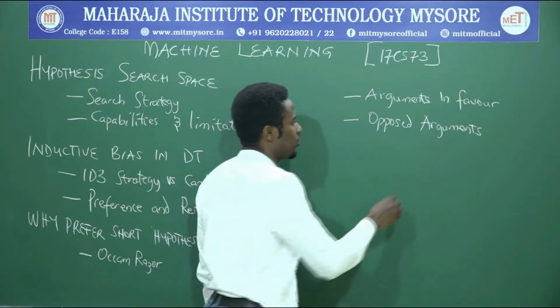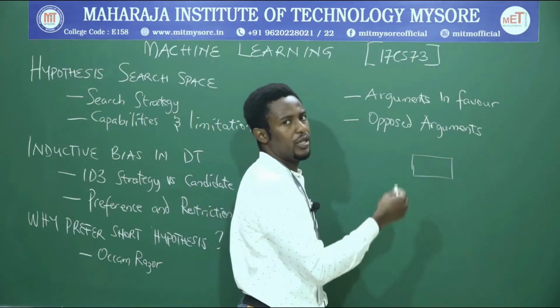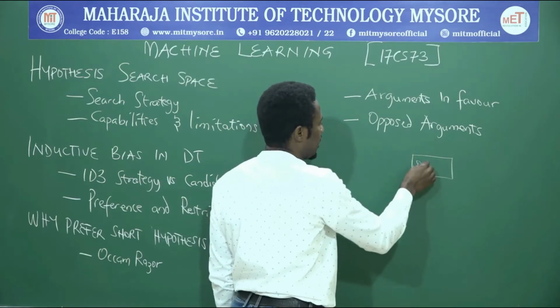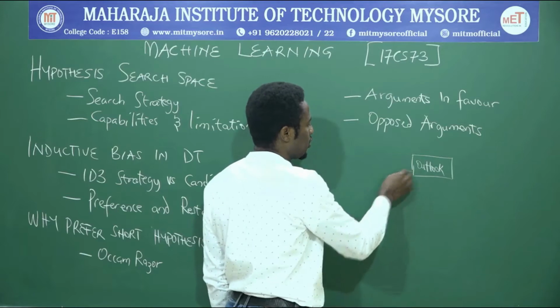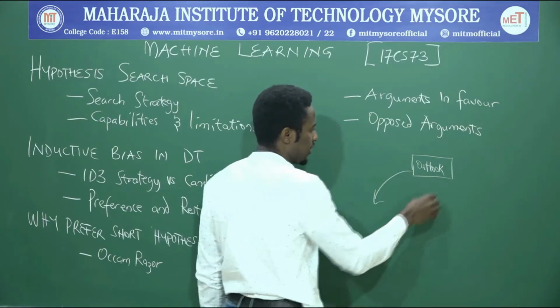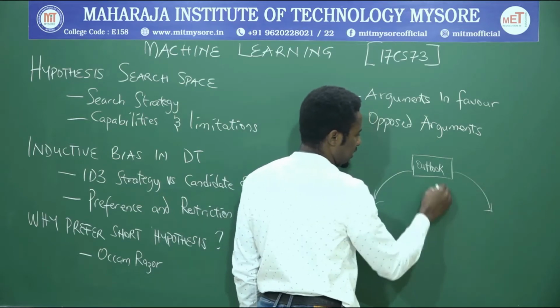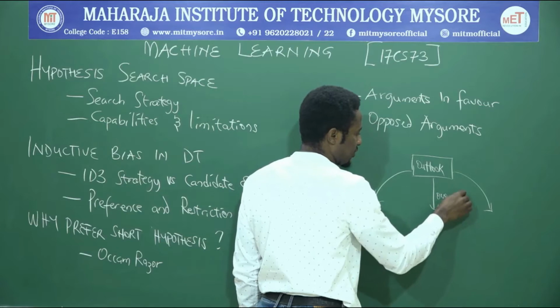When we saw something like this, you know definitely how we arrive at outlook being our root node. With that, we considered all the possible attributes. So we know that this was overcast or something.